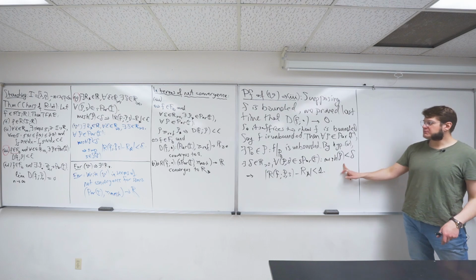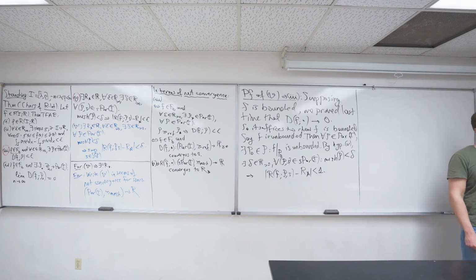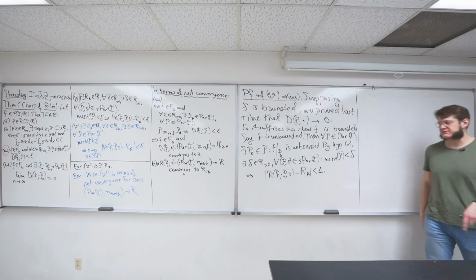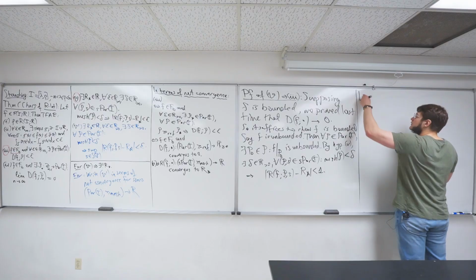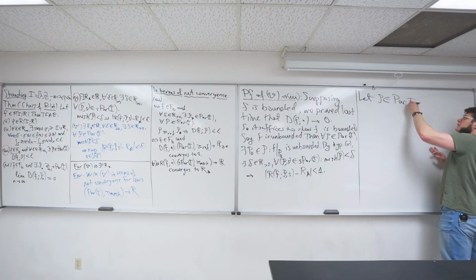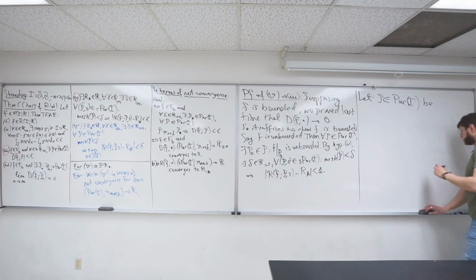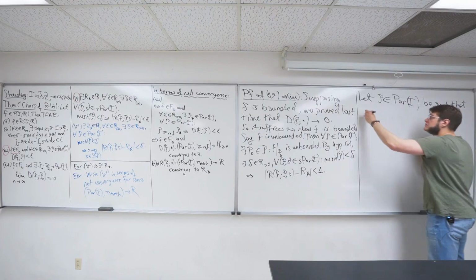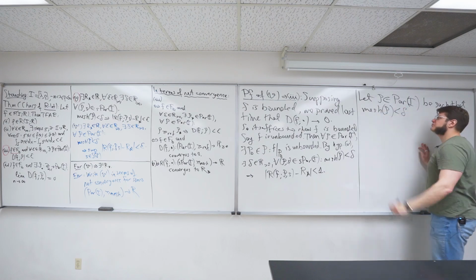Let's let one partition P have mesh at most delta. There are certainly partitions like this. I can just take the uniform partition if I want. Let P be such that its mesh is bounded by delta.